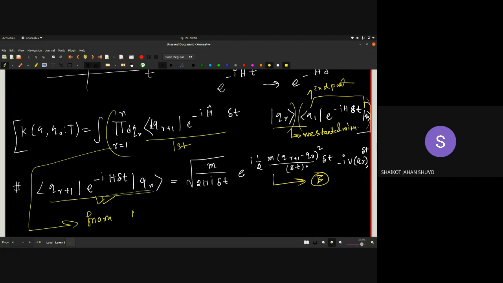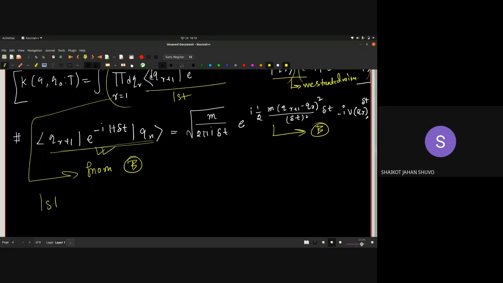From the results of B, the first part should yield the following. You have n products, r equals 1 to n, the values of r, so there are n things right there. So you have square root over m over 2 pi i delta t to the power n, right?